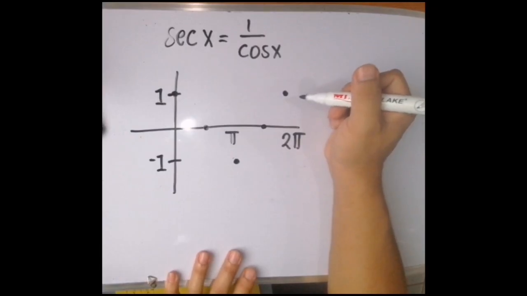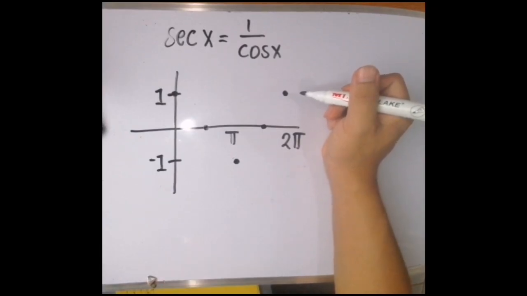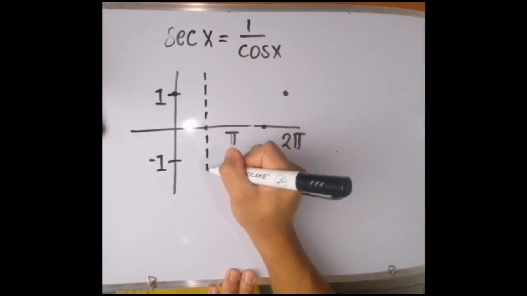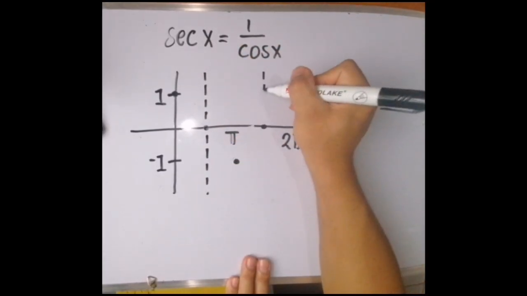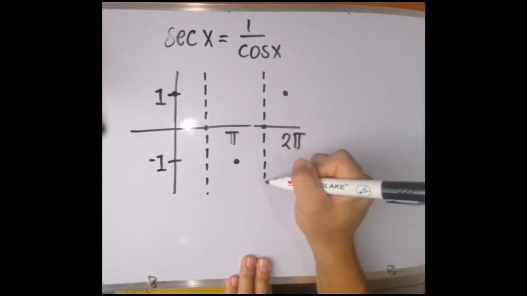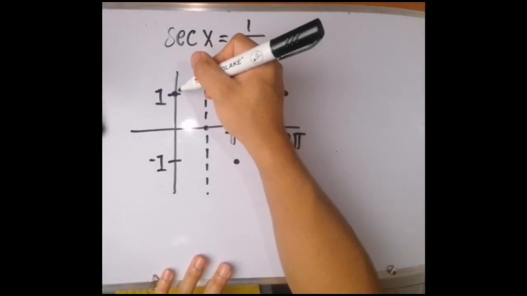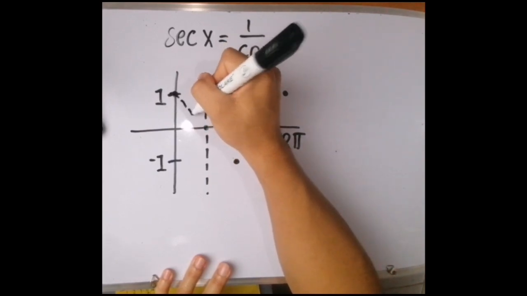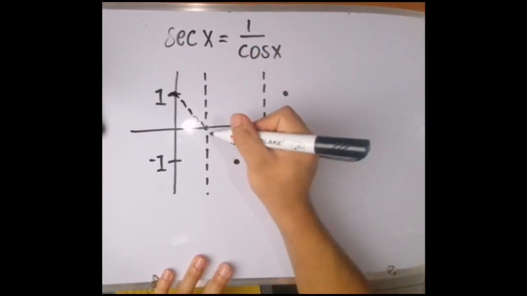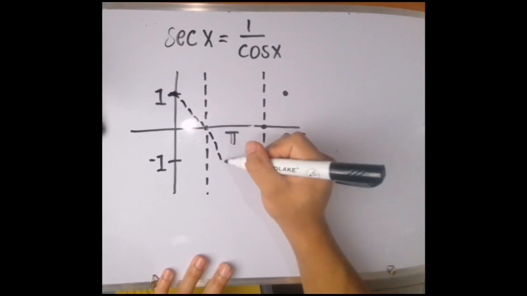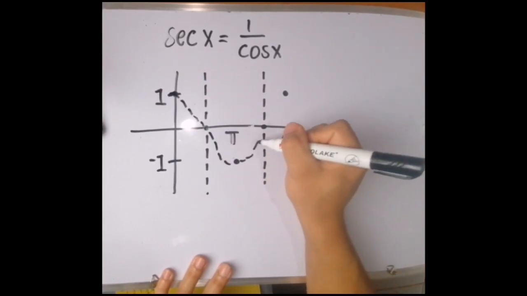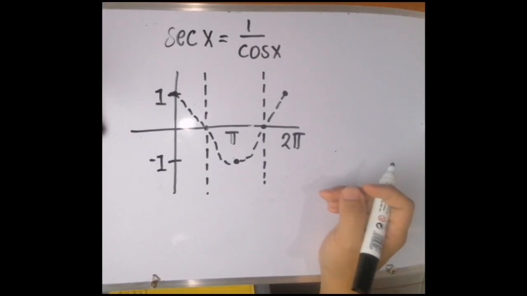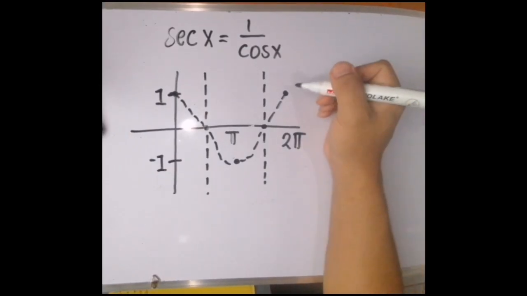Now at this point, let us plot the vertical asymptotes. Let us first connect the points. So now let's graph the secant from this.